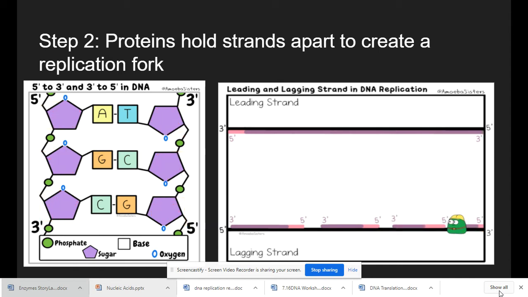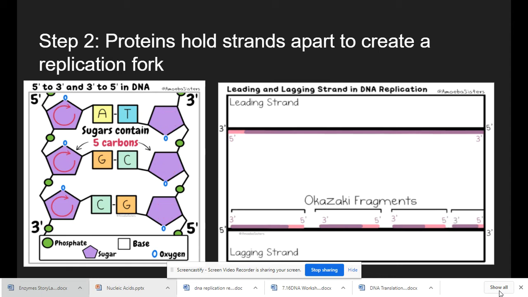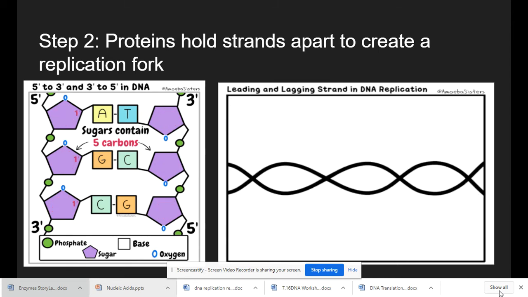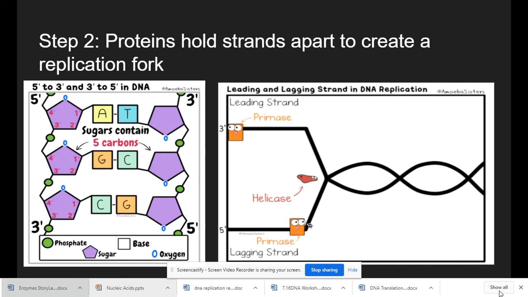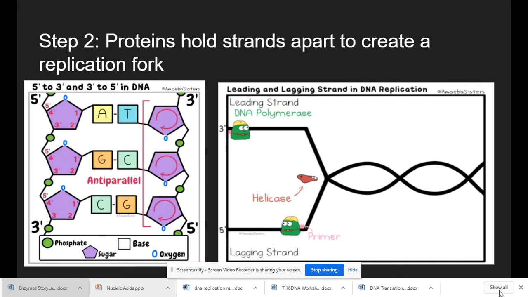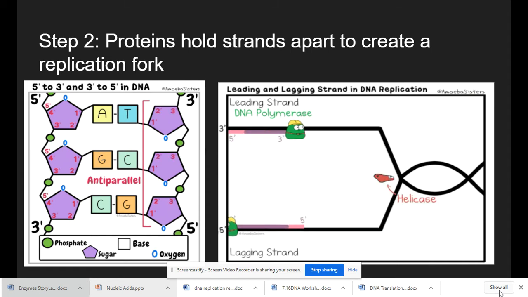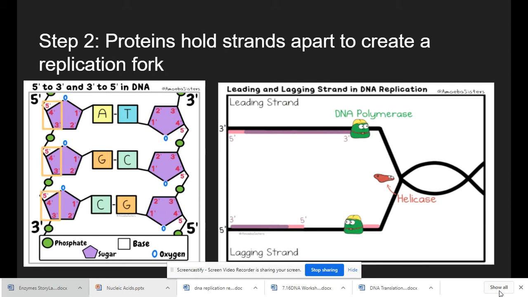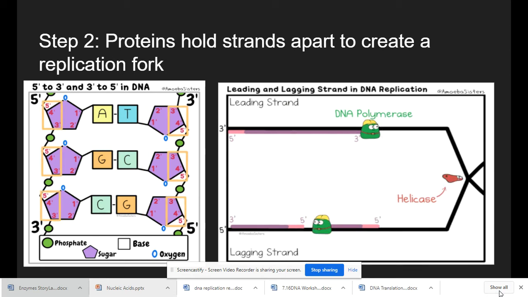The other thing that I want to point out to you that you might have noticed on some of our DNA strands so far are the numbers 5 and 3. And you notice the little apostrophe behind the 5 and the 3? That means prime. 5 prime and 3 prime are how we refer to the ends of the DNA strands. And so there's something very important for you to know about the 5 prime and the 3 prime.